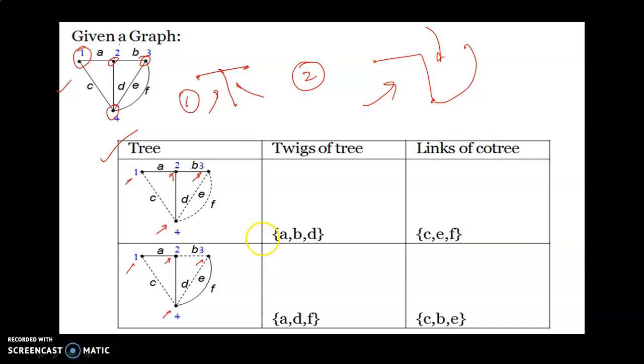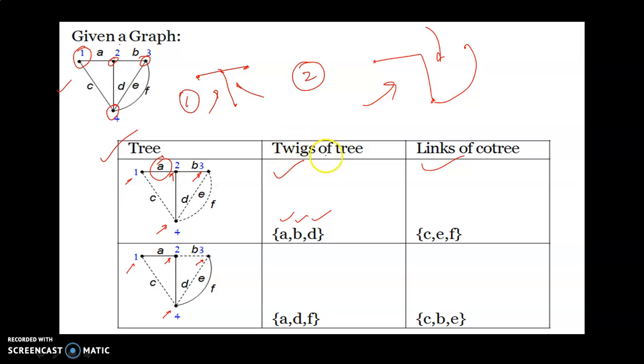So the remaining portion that would otherwise make it a connected graph is the links. What are twigs? Twigs are A, B, D. Twigs are actually the branches of the tree, and the remaining portion is your links or core tree.